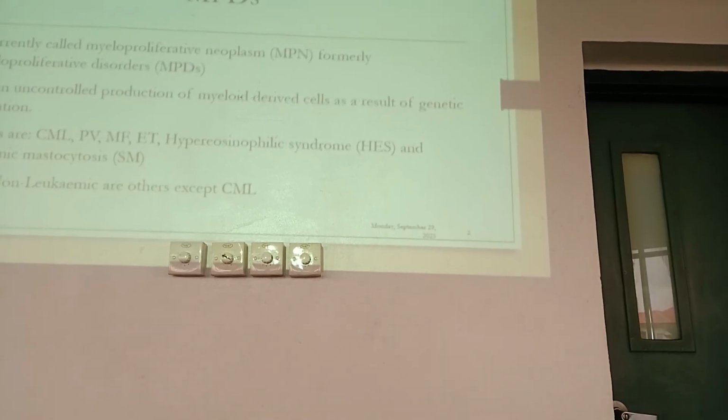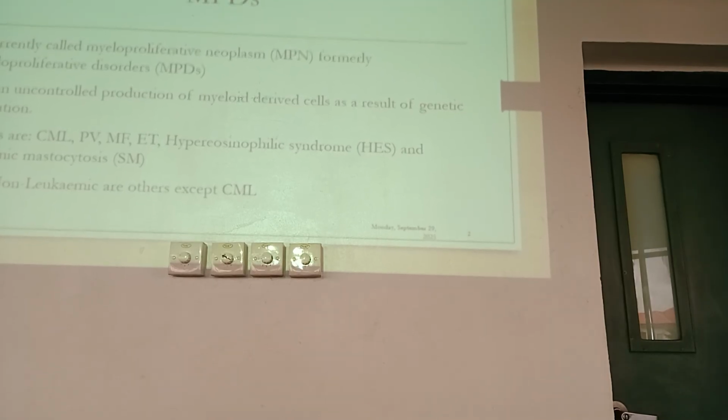And systemic mastocytosis. So the CML is the only leukemic component, I mean, the others are non-leukemic. CML is the only leukemic part of the MPN. So in this lecture we just talk about at least three: I'll talk about polycythemia vera, we'll talk about myelofibrosis, and we'll talk about essential thrombocythemia.